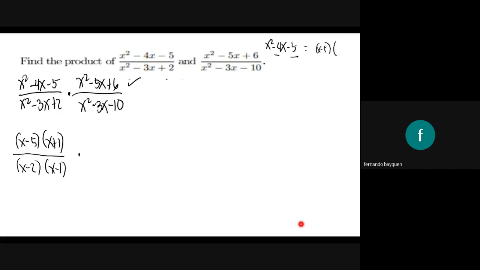Ito pala, kabila pala dapat. X minus 6, tapos x plus 1. When you have x minus 6, x plus 1, this polynomial is x squared minus 5x minus 6 yan. Kailangan natin plus 6.